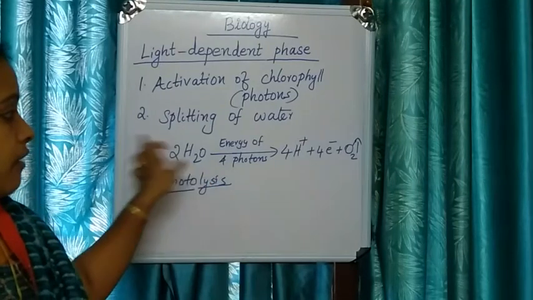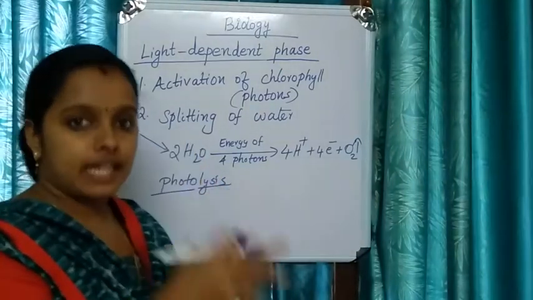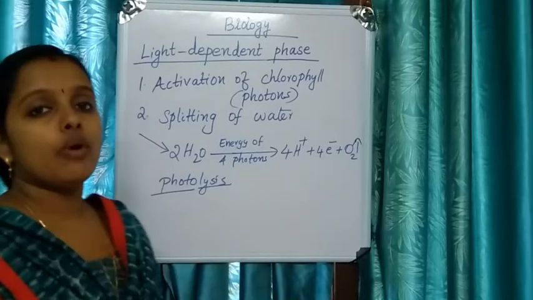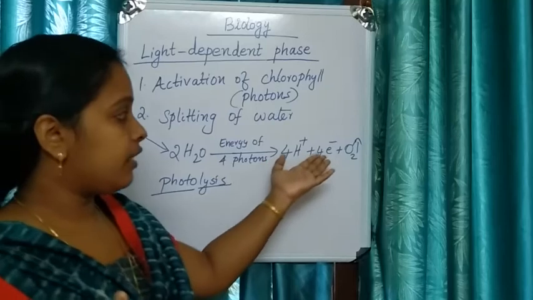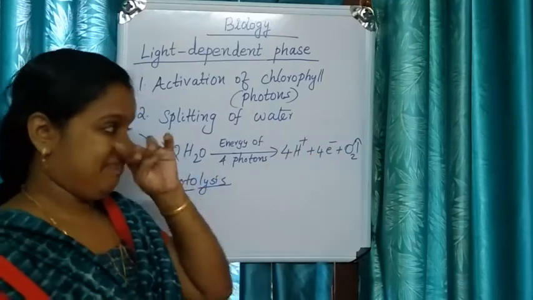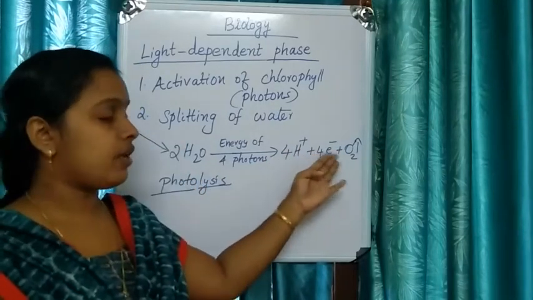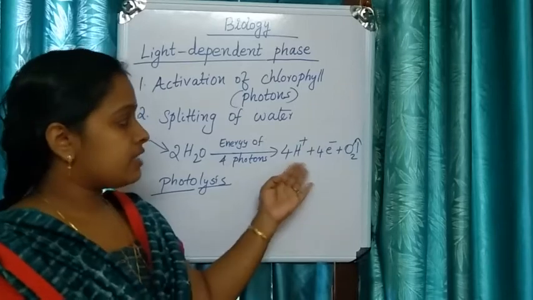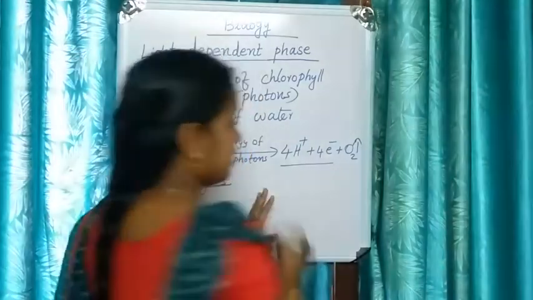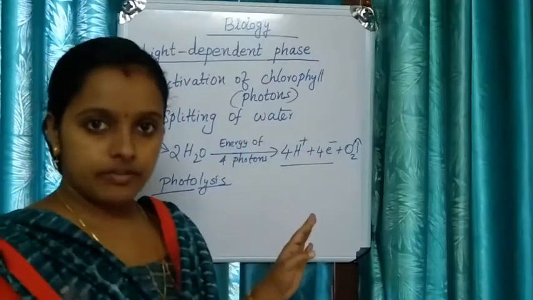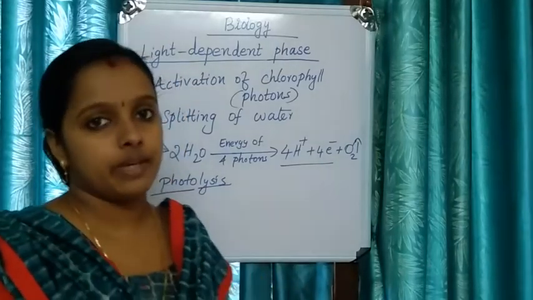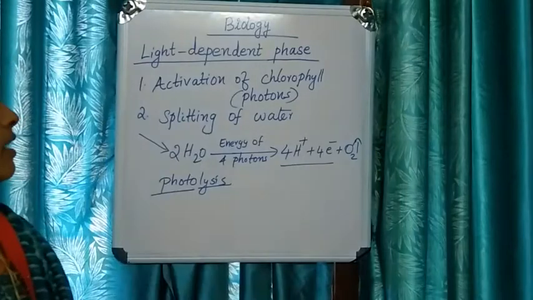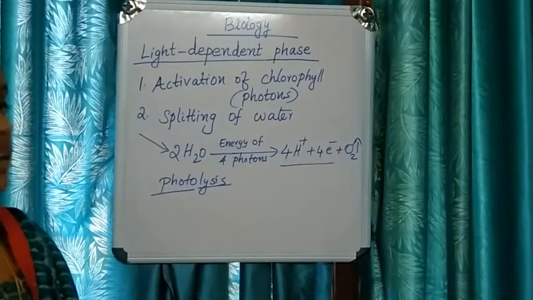Here, when water traps sunlight, the water molecule splits into hydrogen ion, electron and oxygen. These two products, hydrogen ion and electron, will be used for further reaction. This oxygen will be liberated into the atmosphere. So these are the two steps coming under the light dependent phase.